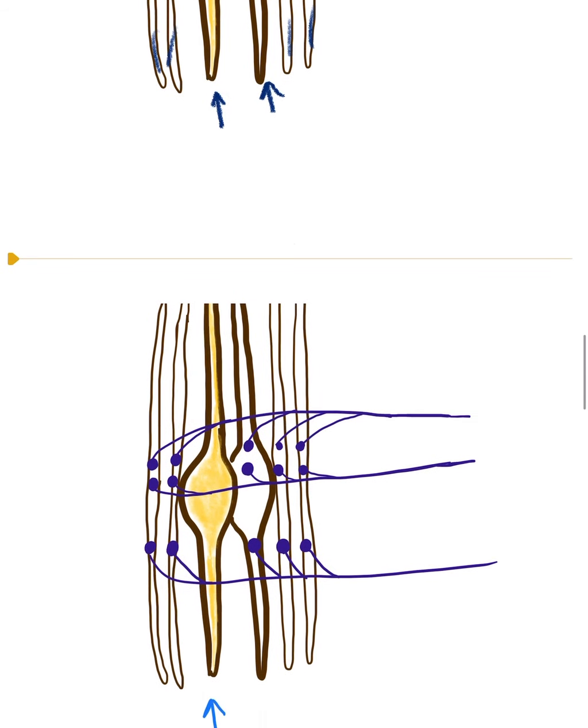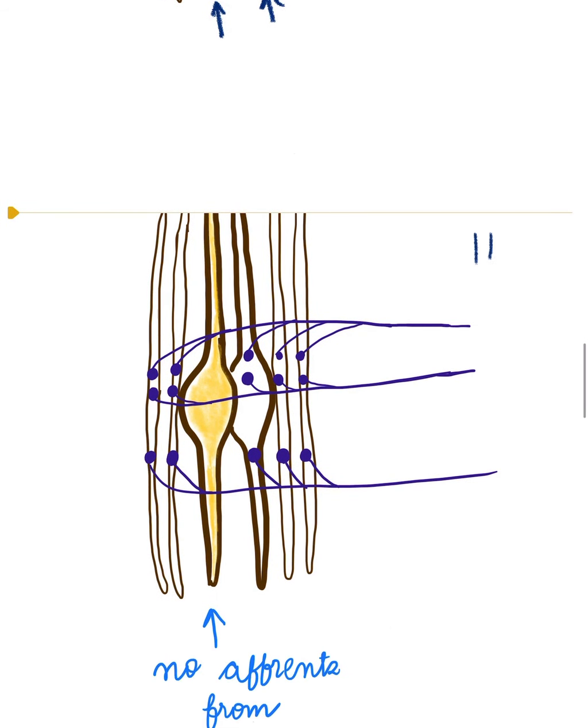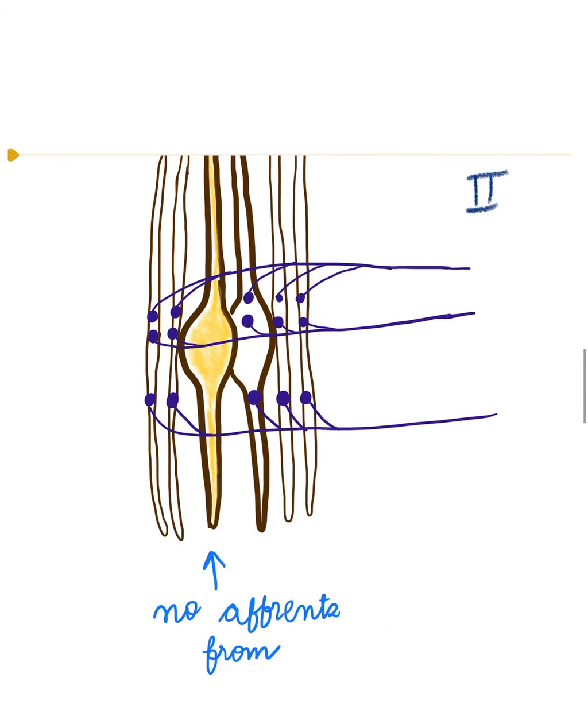Now the type 2 fibers. The type 2 fibers are supplying the static nuclear bag fibers and the nuclear chain fibers, but not the dynamic nuclear bag fiber.